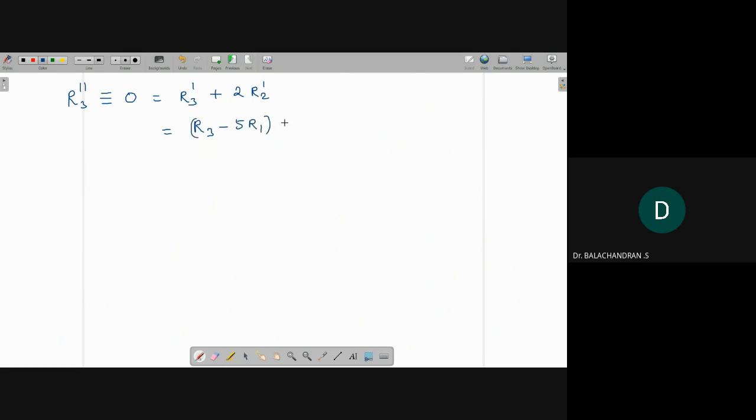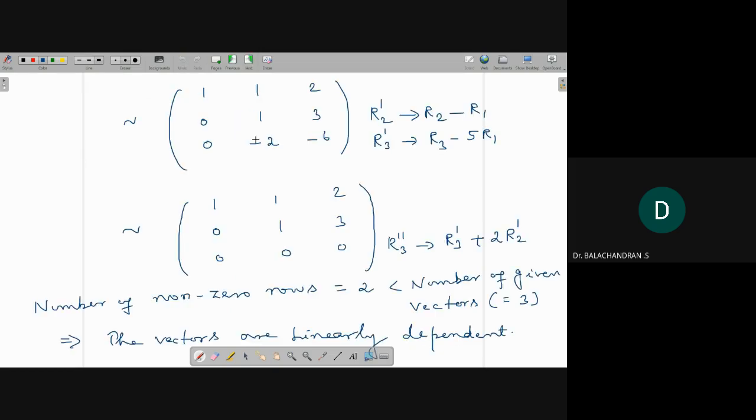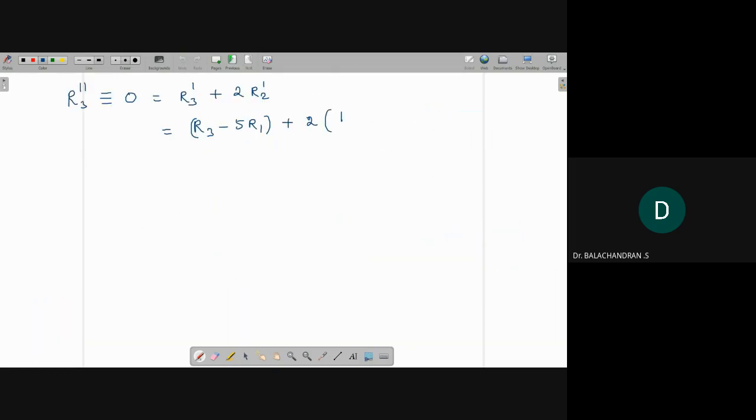I think now you understand why I wrote dash and double dash. 2 into R2 dash, where R2 dash is R2 minus R1. So this is equal to R3 minus 5R1 plus 2R2 minus 2R1.